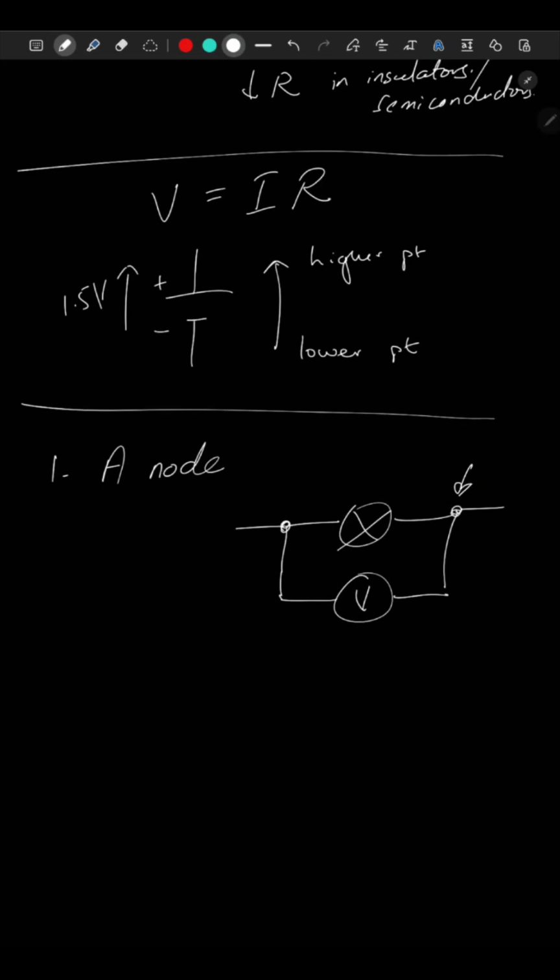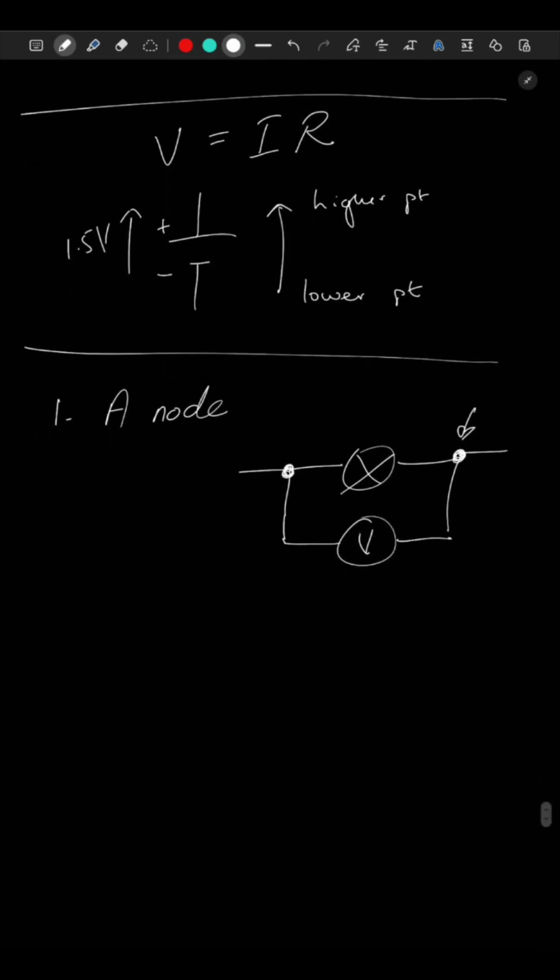So this is a node. The point over here is a node, it is a junction. A branch is that part of a network that lies between two junctions.